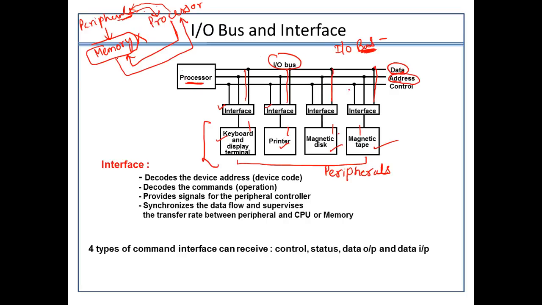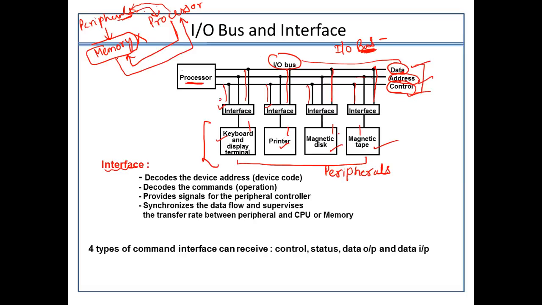Another analyzes the address, at which address we need to point. And it also has a control line, which depicts the control over that particular data, what is the status of the data. So the interface consists of the IO bus, which is responsible for carrying three types of lines: one is the data line, another is the address line, another is the control line.